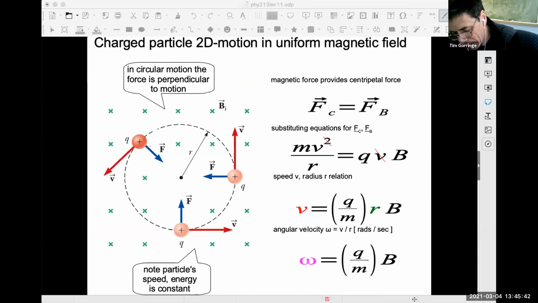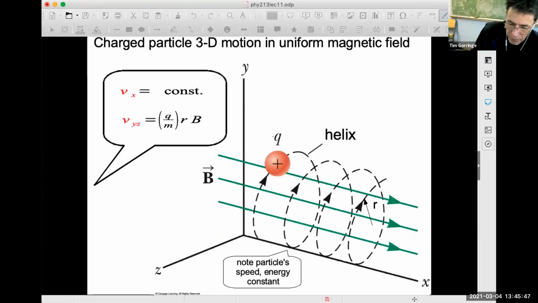Actually, it's even better than that. Let me just show you the picture from the next slide. That was kind of a two-dimensional picture. It's like we're living in a two-dimensional world. We've got a plane, we've got a magnetic field perpendicular to that plane, just watching the circular motion. But in a three-dimensional world, if you launch a moving charge particle into a magnetic field, you get these beautiful helixes, where if you focus on the rotational motion of the helix, it's just that circular motion from the last slide.